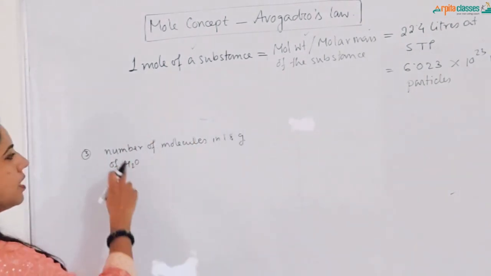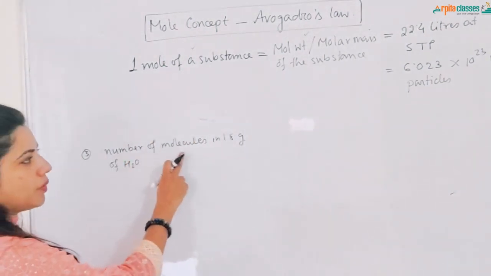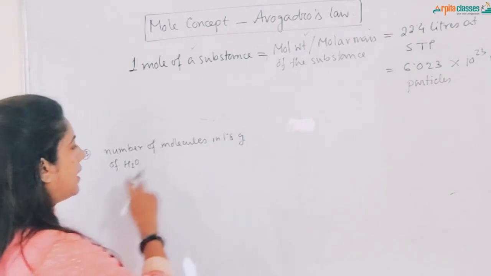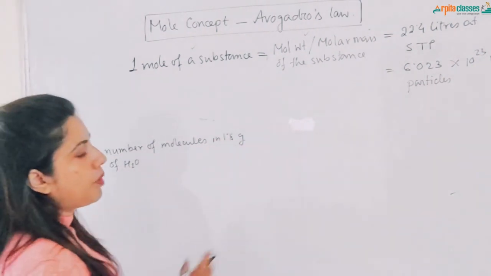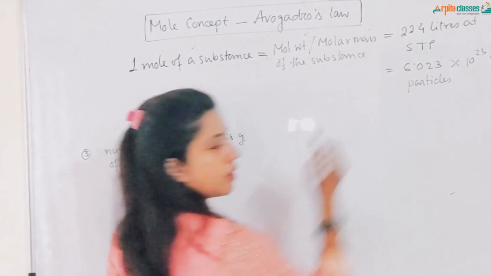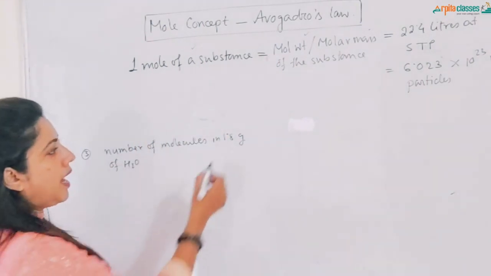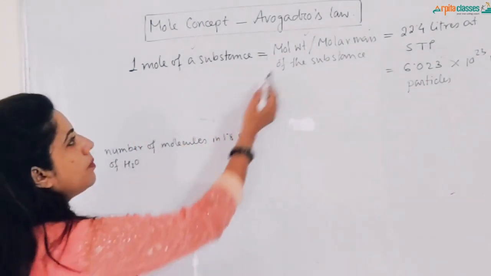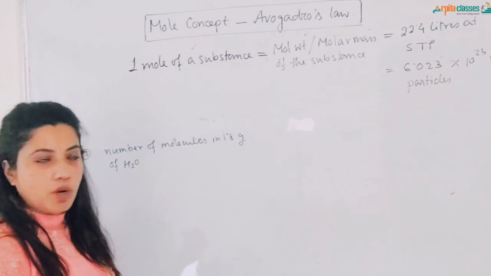The next question is, we have to find the number of molecules in 1.8 gram of water. Number of molecules means it is related to the Avogadro number, which we need to find out, and 1.8 gram of water means it is related to the molecular weight of water, right?